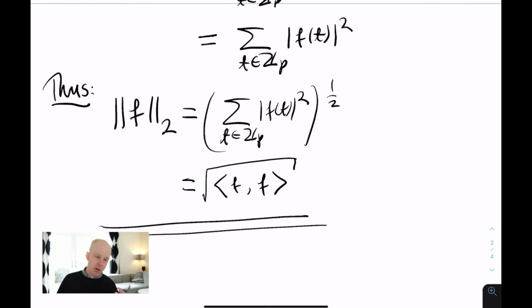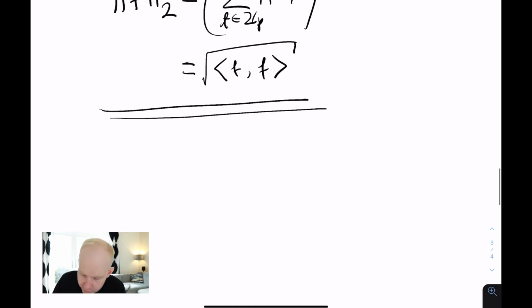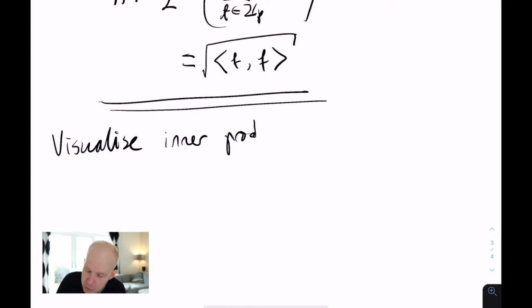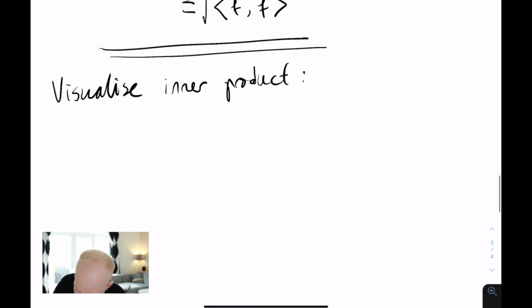This allows you to now talk about how the L2 norm has this connection to the notion of an angle. Let's visualize the inner product. You could think about your function f as a vector, because it's a complex valued vector.